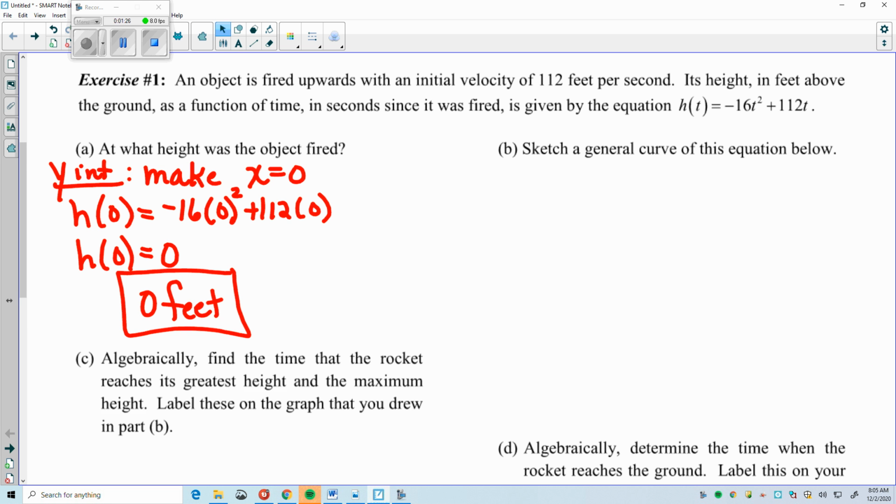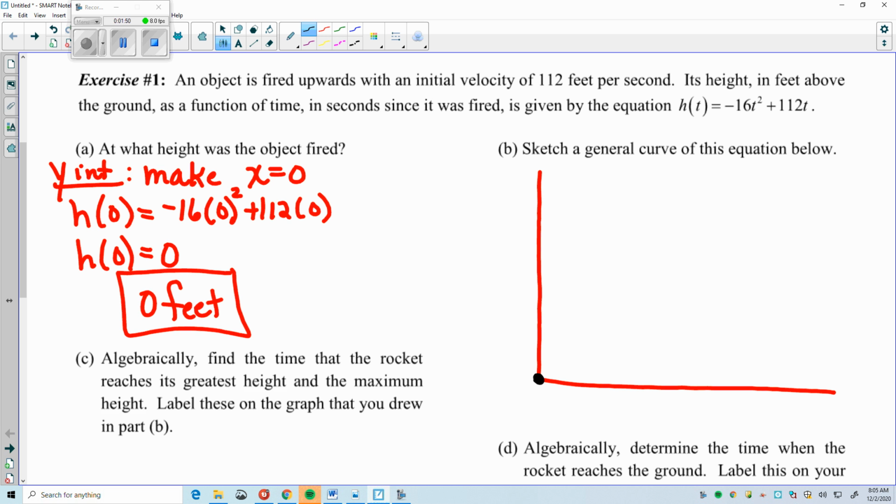So a general curve of this equation, if we were to sketch this, a couple of things that we know. Number one, because this value here is a negative 16t squared, that negative tells us it should be opening down. It's a parabola that opens down. I know my initial start of this graph is going to be at 0. So I know that that's got to be there.